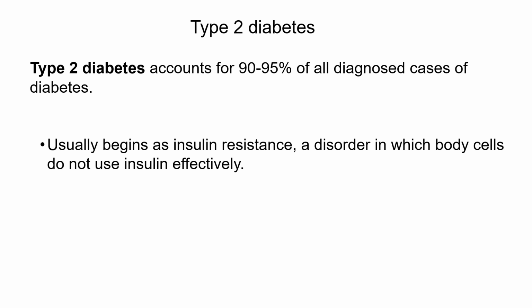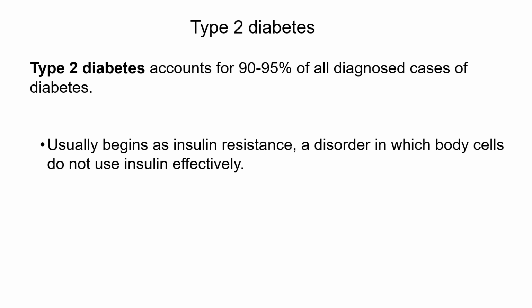It appears that type 2 diabetes begins with a condition known as insulin resistance, or pre-diabetes, which I'll talk about more soon. Insulin resistance refers to a situation where insulin is present, there are insulin receptors present, but for complex and not thoroughly understood reasons, our body cells are unable to respond to insulin in the normal way.